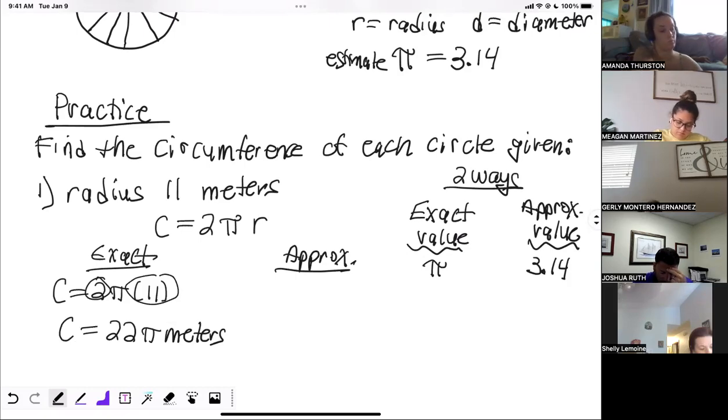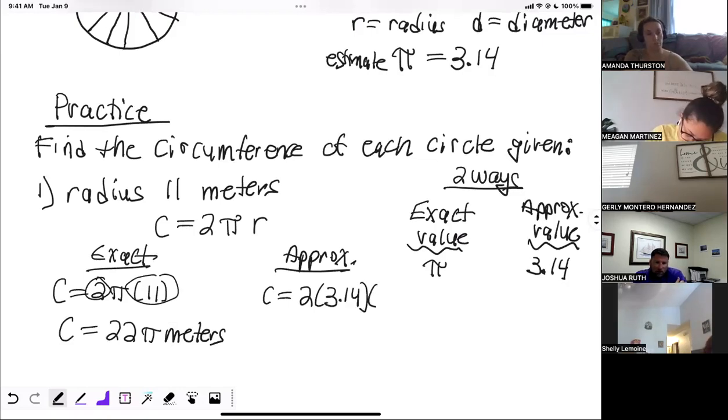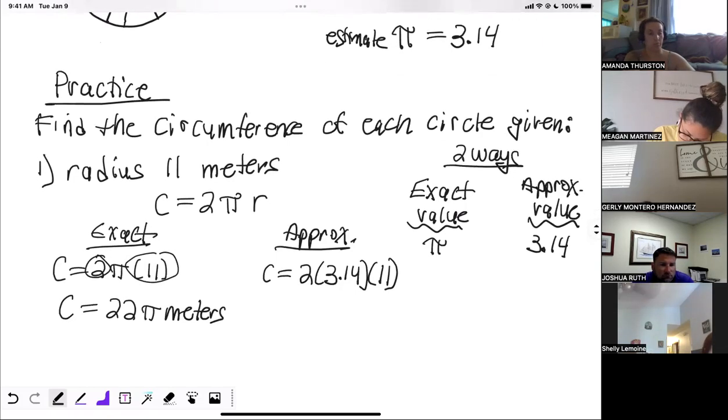Approximate answer, they might even say approximate the answer by using pi equals 3.14. That just means instead of using pi, we're going to use 3.14. 2 times 3.14 times 11. That would be our approximate answer. So we have to multiply this.